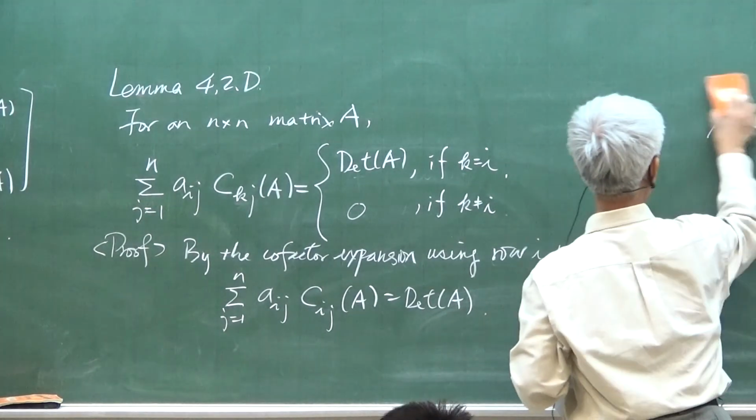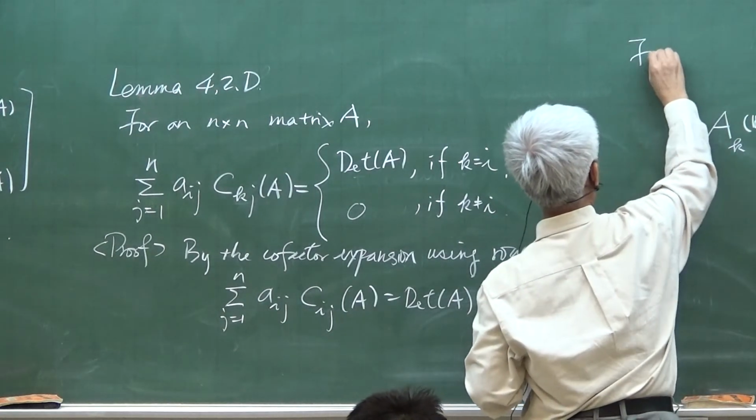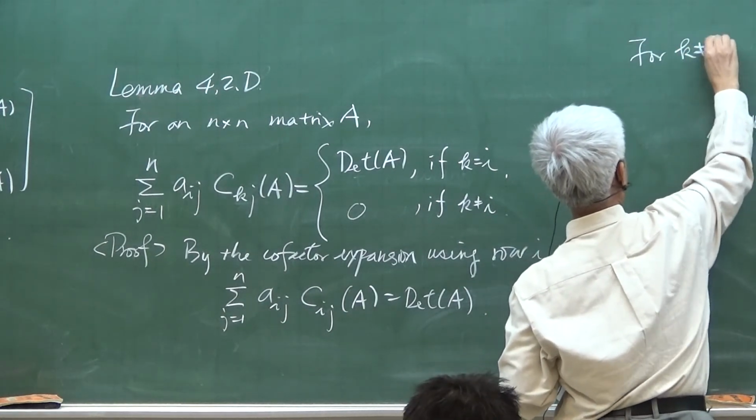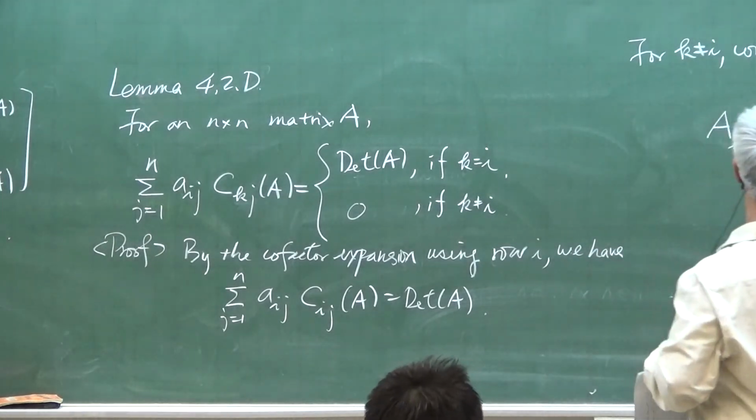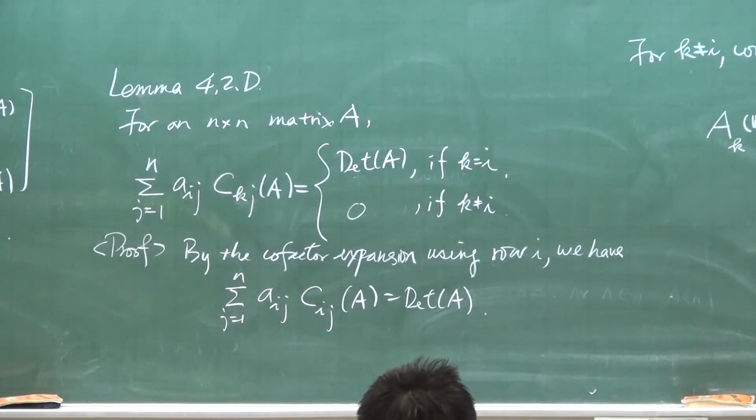So for k not equal to i, for example, this is the kth row and this is the ith row, and then we replace the original kth row by the ith row. What happened?